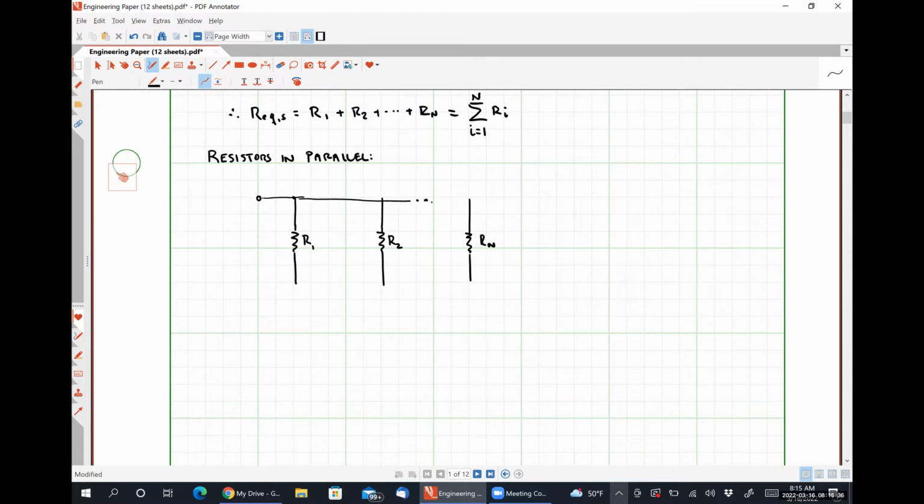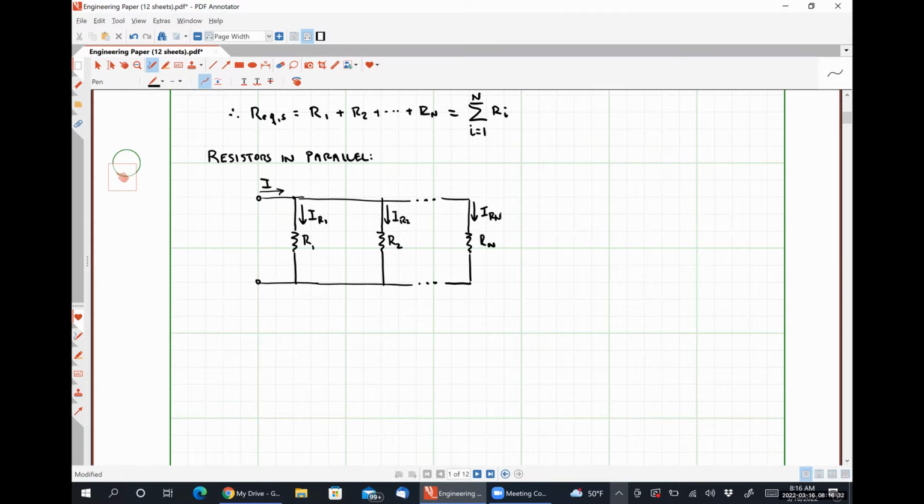They are connected like so. And let's say that there is some known amount of current I flowing into this resistor network, which will subsequently split off and some portion will flow through each of these resistors. So that I can say this current is IR1, this current is IR2, and this current is IRN.